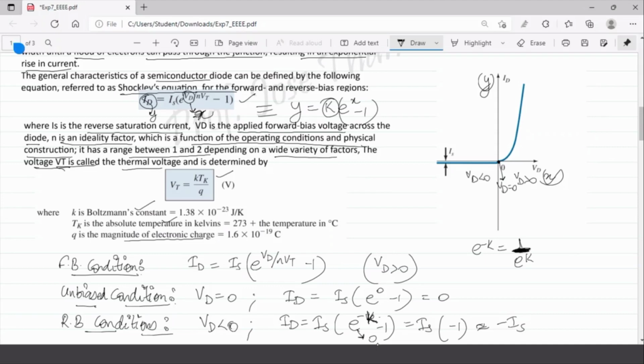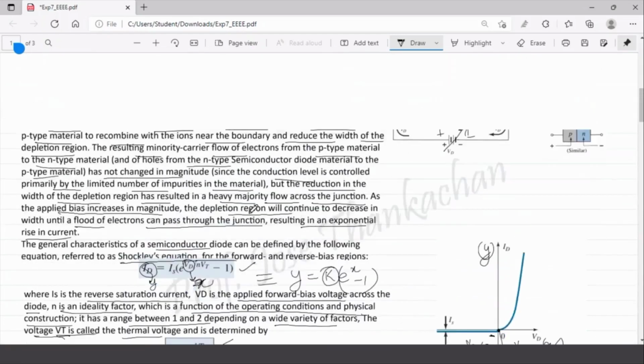For Vd less than 0, the current flowing through this PN junction diode is nothing but the reverse saturation current Is, but in the negative direction. So it is approximately equal to minus Is. I hope this is clear, the reverse bias condition. Is it clear to all?